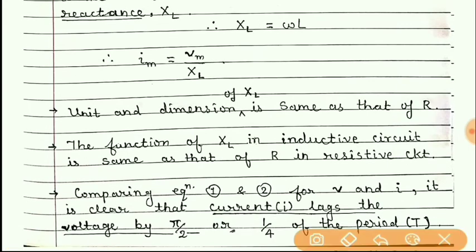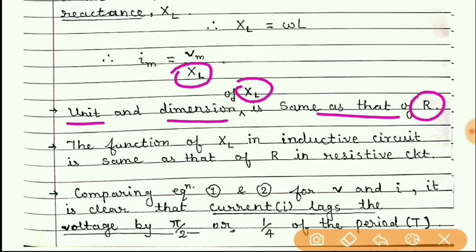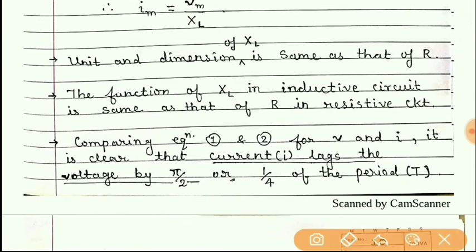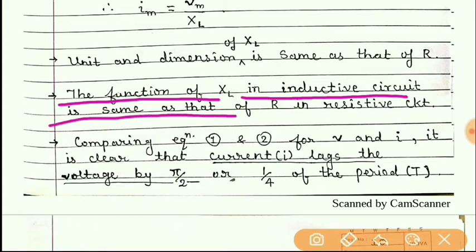Now, as I said, this term is similar to that of a resistance. So the unit and dimension of XL is the same as that of R, means the unit of XL is ohm only. So I have written here, students, that the function of XL in an inductive circuit is the same as that of R in a resistive circuit.